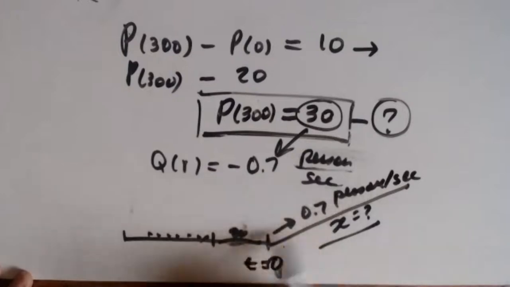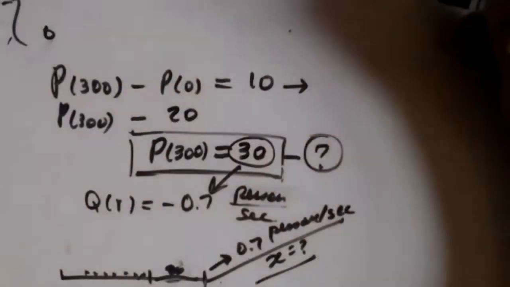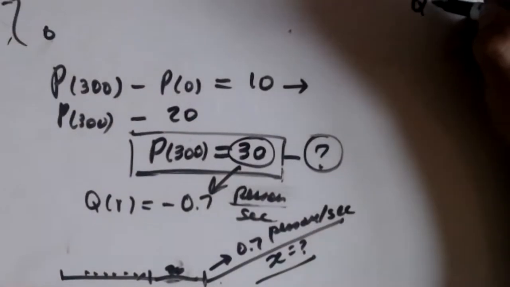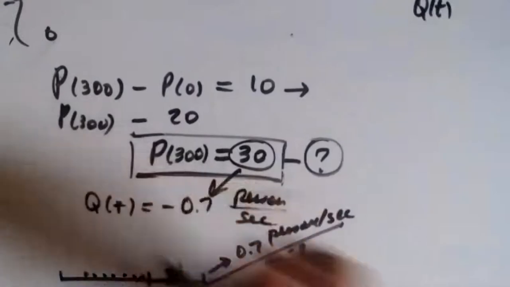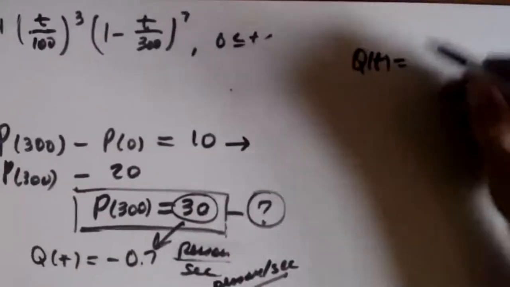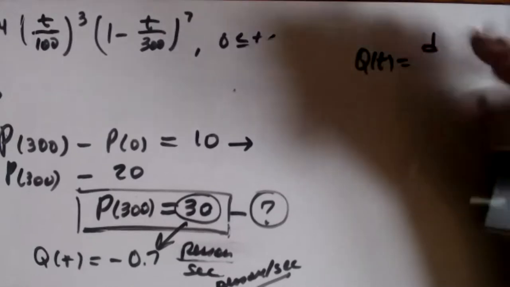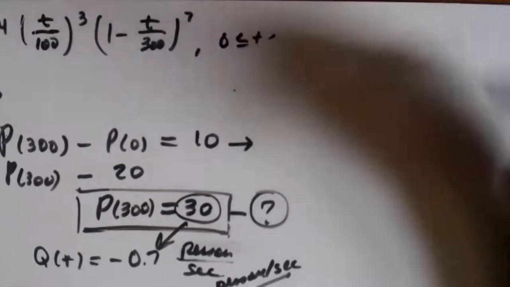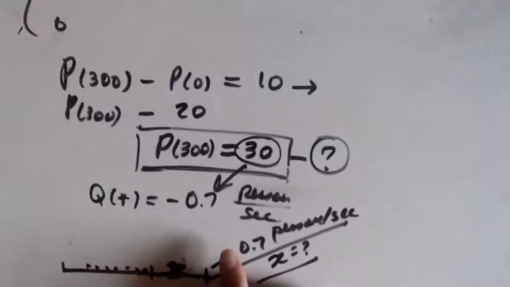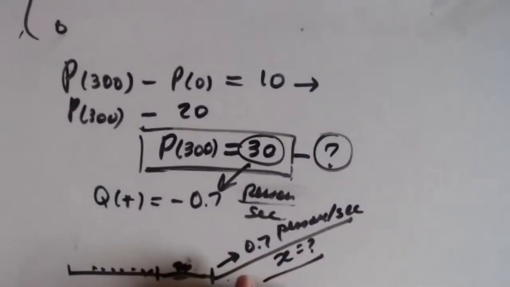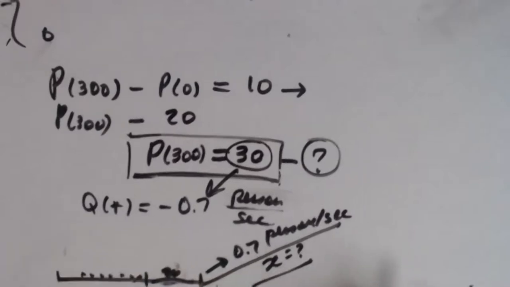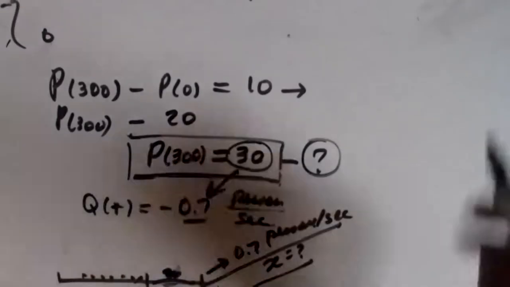Then how many people entered during the time? This is, well, let me check that. So it's Q of t, right? Q of t is, let me see, the people that, no, let me just put it here. How do I represent this one? Getting to the escalators. Well, I need to represent this 0.7 with something.